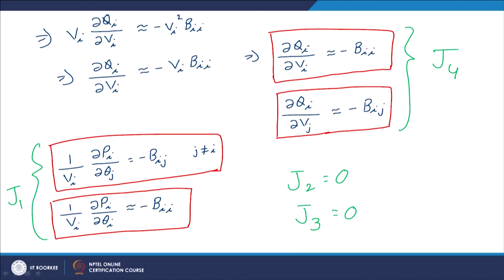So, in the last lecture we have shown that J2 and J3 are 0, and for J1 and J4 these are the elements. Now, we have already shown that for the FDLF, J1 into delta theta vector is equal to delta P vector.